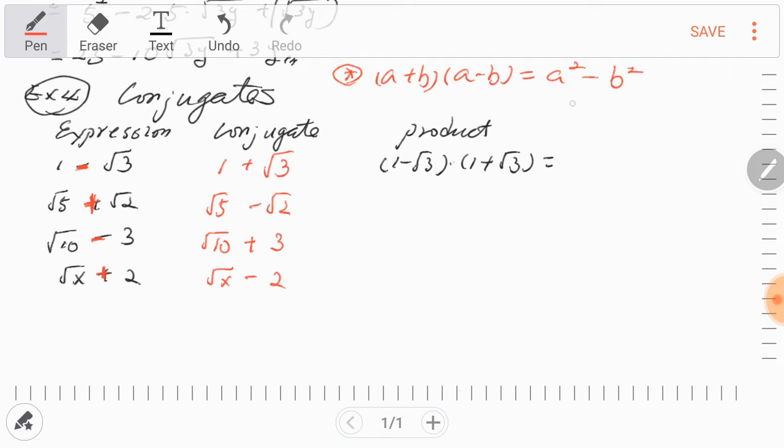Or if you have a squared minus b squared, the product is a plus b times a minus b. Two binomials are the same except one is plus and one is minus, and the result is a squared minus b squared: the first term squared minus the second term squared. So that will be 1 minus 3, so negative 2.